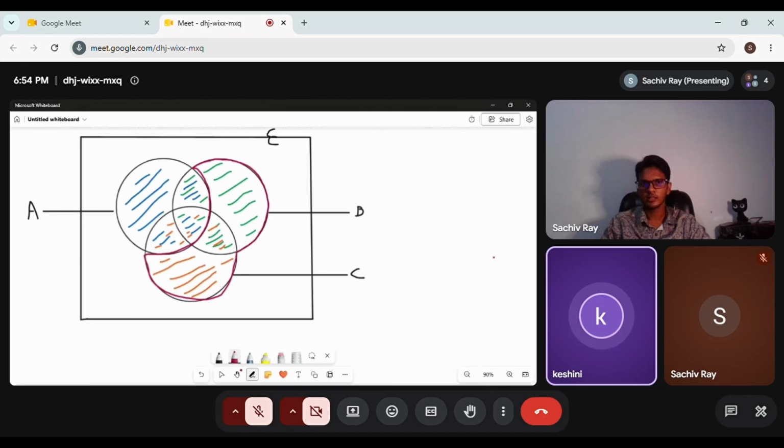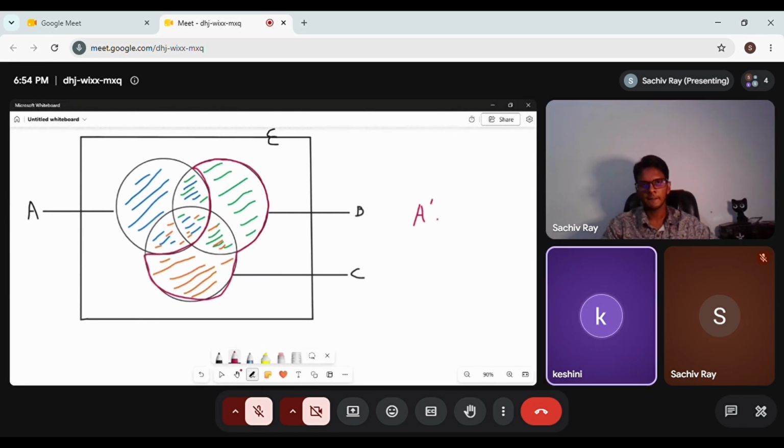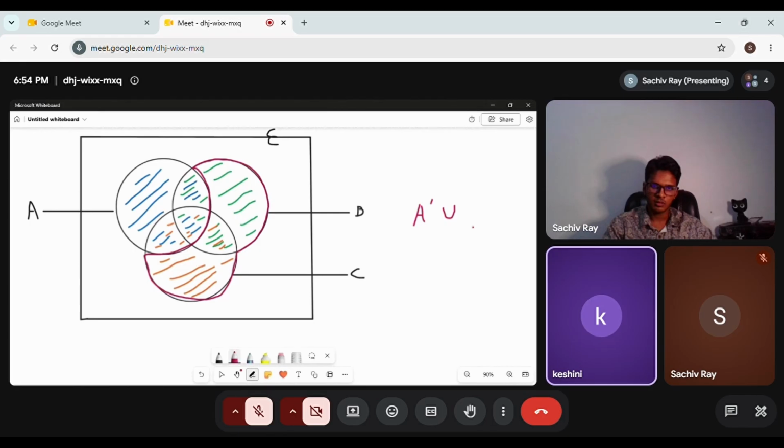A complement, then B union C. A complement, and then the symbol here, A complement union B union C. Is that correct?